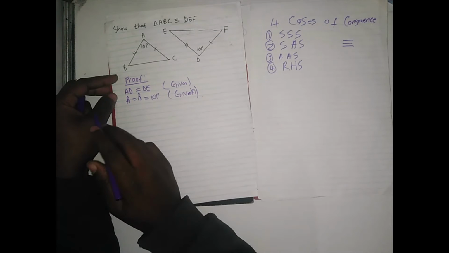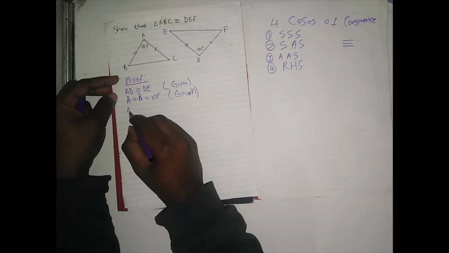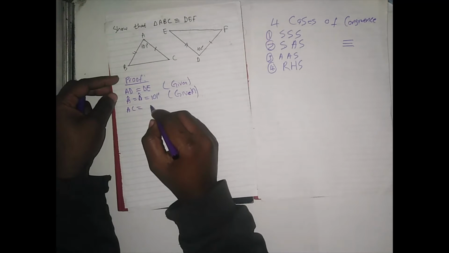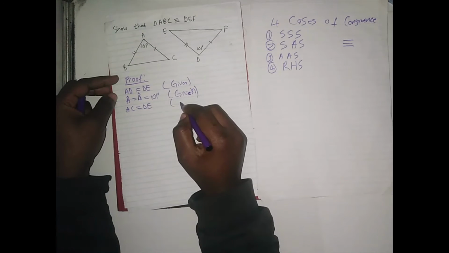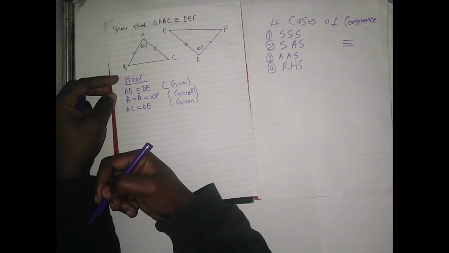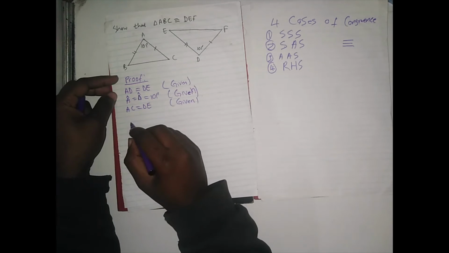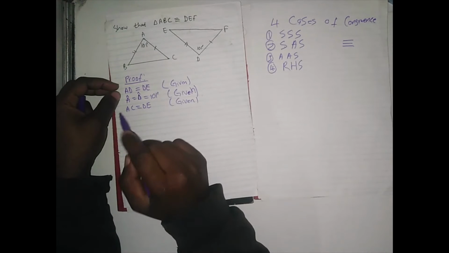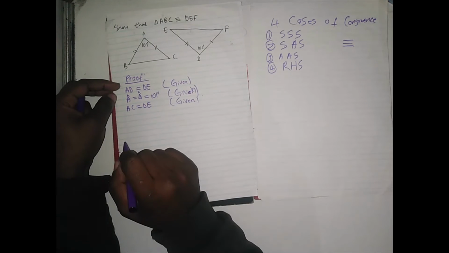Okay, and then to have something else, yes, we've got AC being equal to DE. Where do we take that from again? It is given. So we can then say we've got three conditions now that we have shown to be equal.